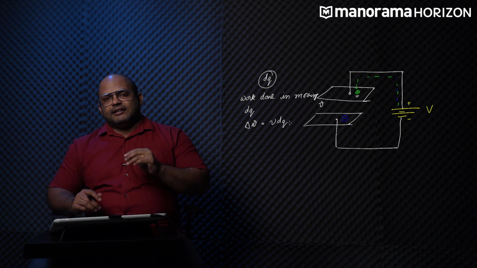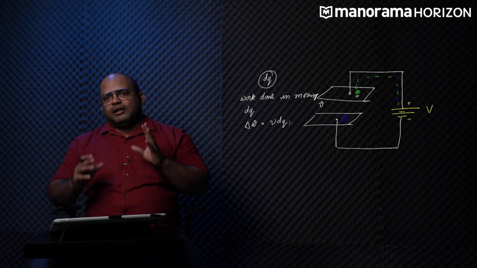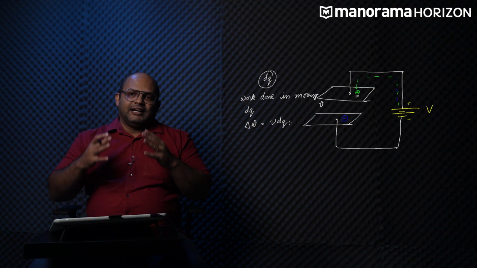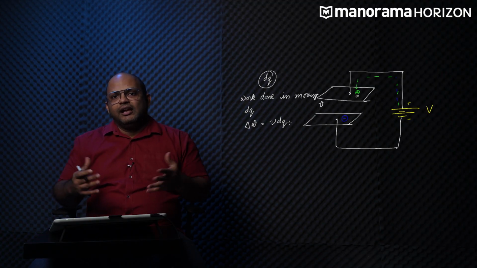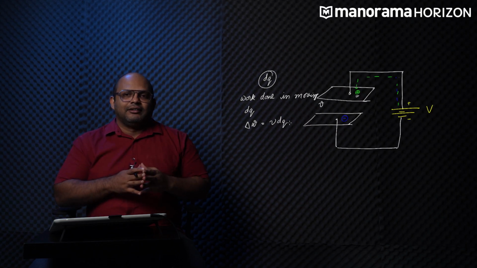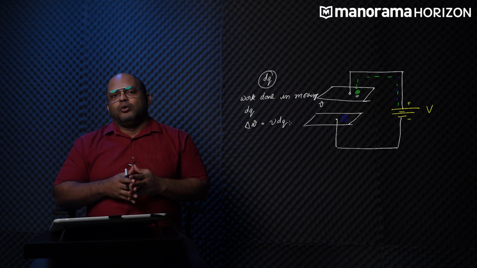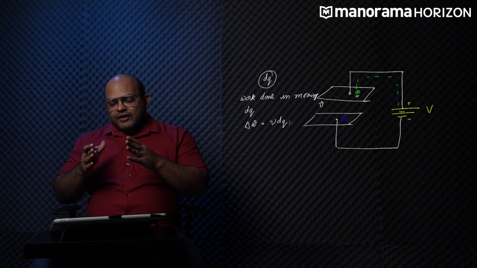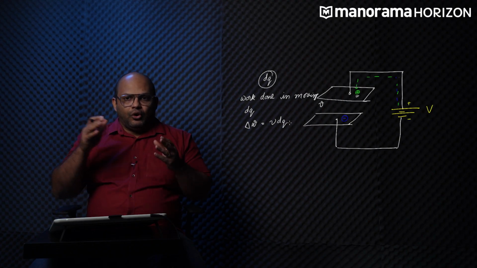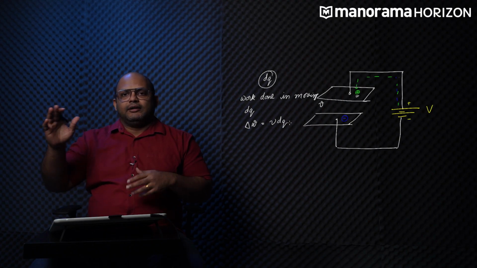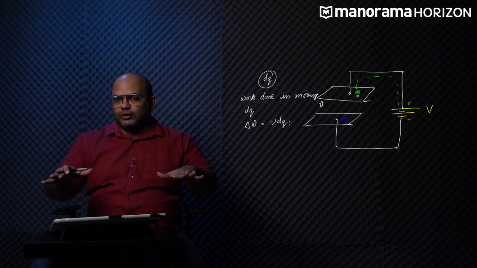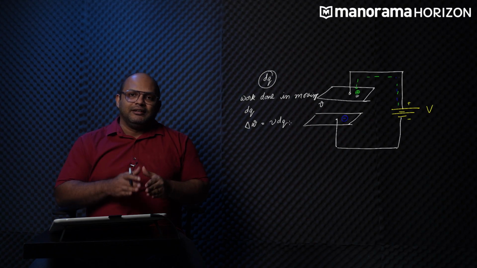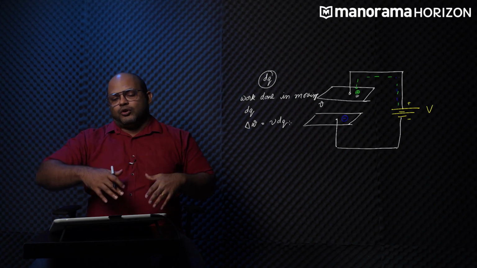So this tells us that in order to move a tiny charge dq, we have done some work and that work is now stored between the plates of this capacitor, you could say, in the form of a small electrical potential, that is small v. Now, every subsequent packet of charge, all the charges that follow this first packet, also have to face the opposition of the charge already existing on that plate.